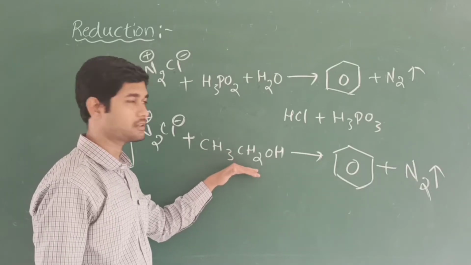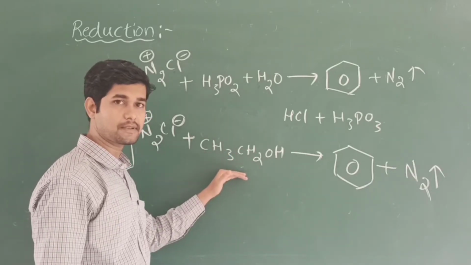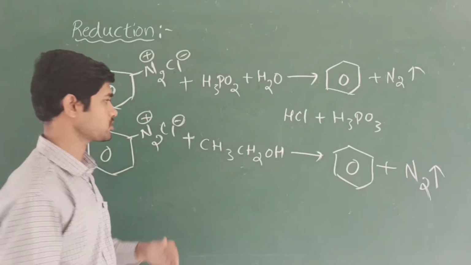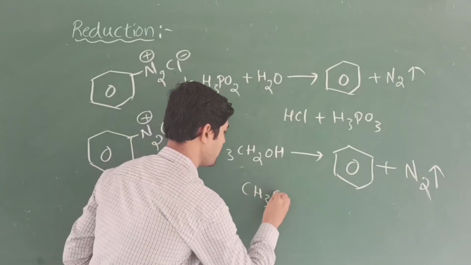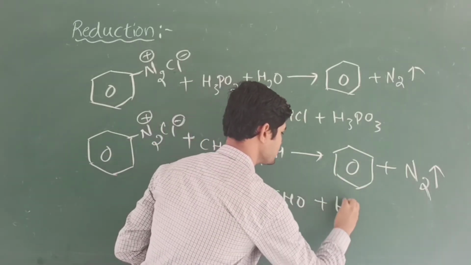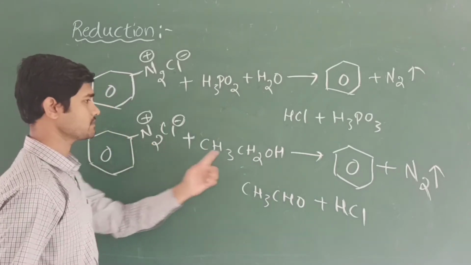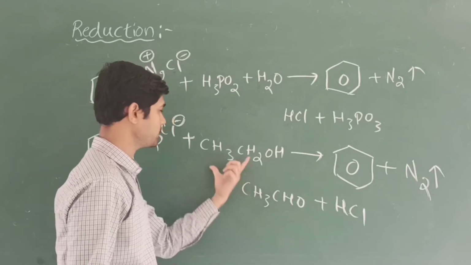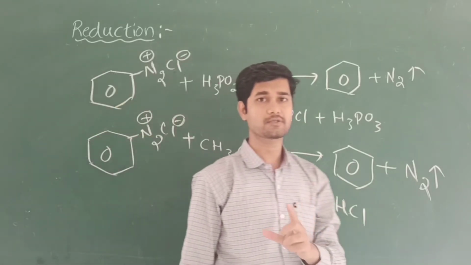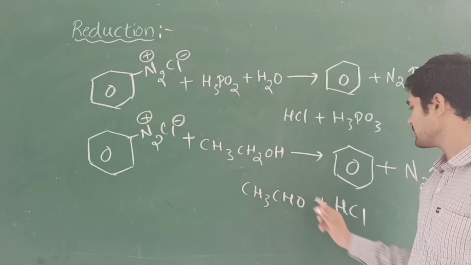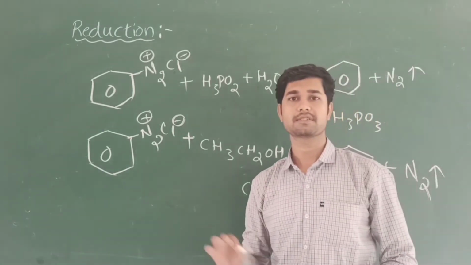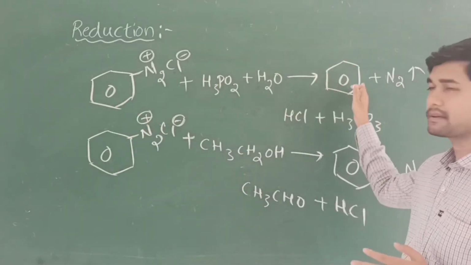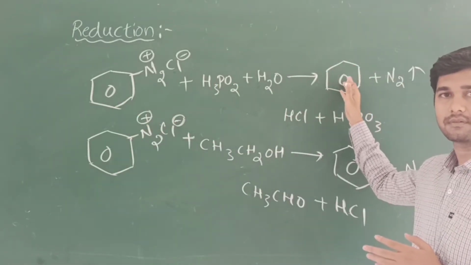This oxidation takes place, and simultaneously it reduces the diazonium salt. So the aldehyde is formed, and HCl is removed here. The nitrogen gas evaporates, a hydrogen comes to this position, and the aldehyde is formed. The conversion of alcohol into aldehyde is an oxidation process, and the remaining HCl is eliminated. So this is the complete conversion of benzene diazonium chloride into benzene by reduction.